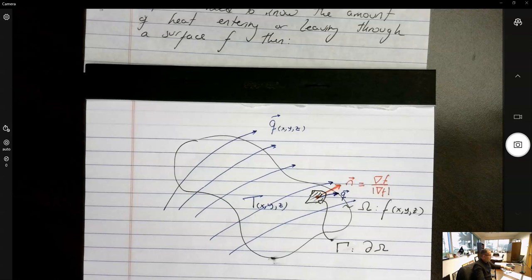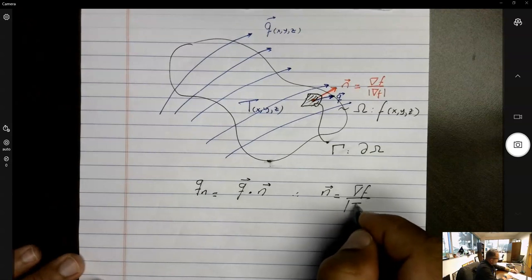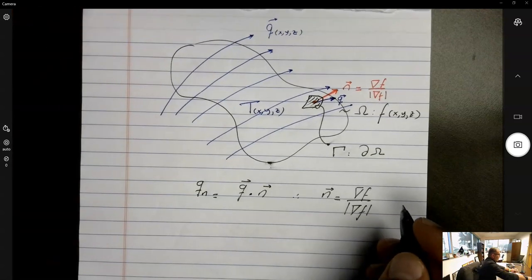So basically, what will happen is that it will be the normal heat flux, which is q dotted into the normal vector, such that the normal vector is equal to the gradient of f divided by the magnitude of the gradient of f.